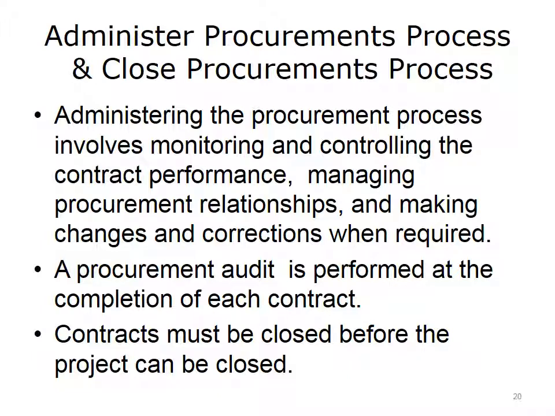Some of the responsibilities would include, but are not limited to, managing the procurement relationships between the buyer and seller, managing contract changes, resolving disputes, monitoring the contractor's work performance, conducting procurement performance reviews, verifying actual work performed versus what was stated in the contract, verifying work is accurate, correct, and satisfies the contract terms, authorizing and managing payment to sellers, contractors, vendors, performing inspections and audits, maintaining a record of all procurement information, phone calls, emails, payments, invoices, memos, etc., ensuring records are complete and archived at the end of the project, and updating project documentation with any changes.